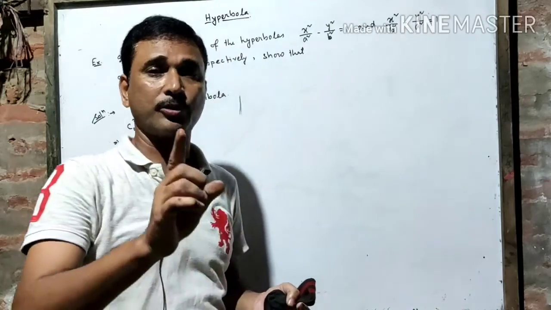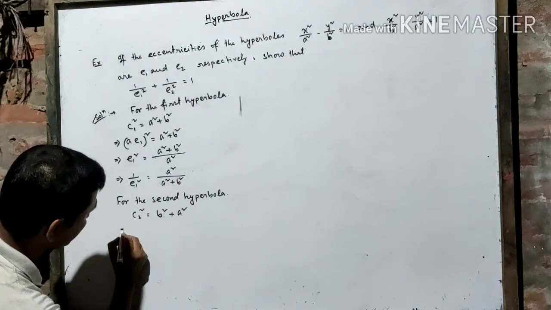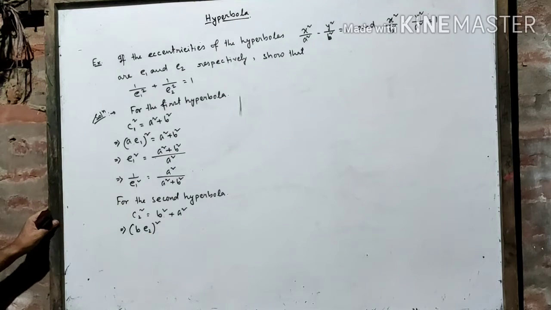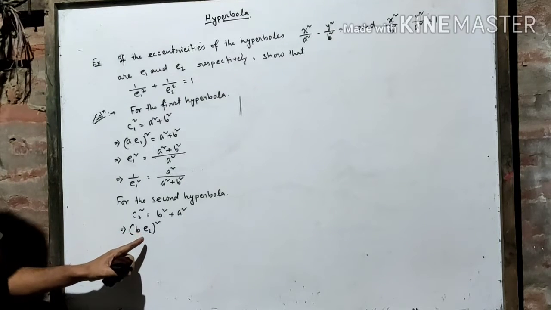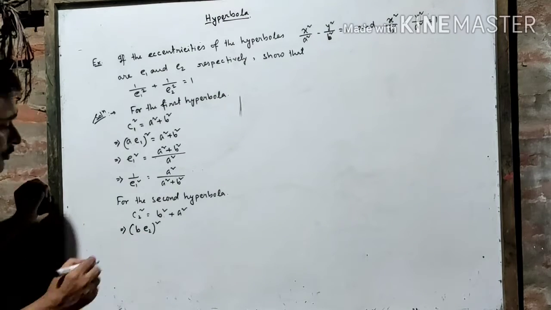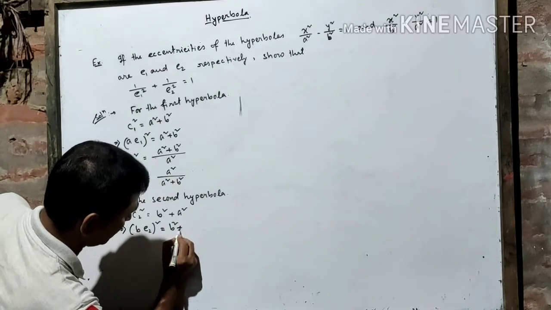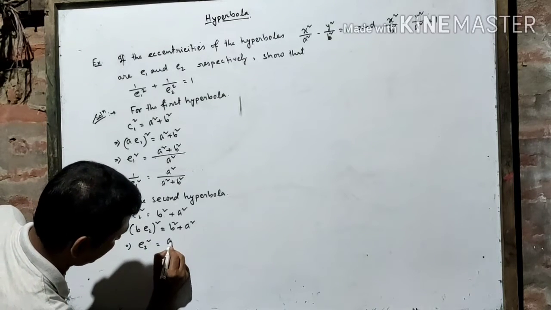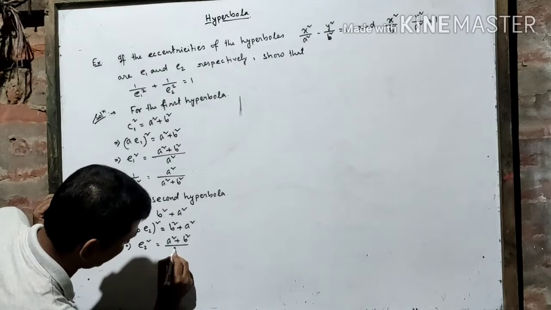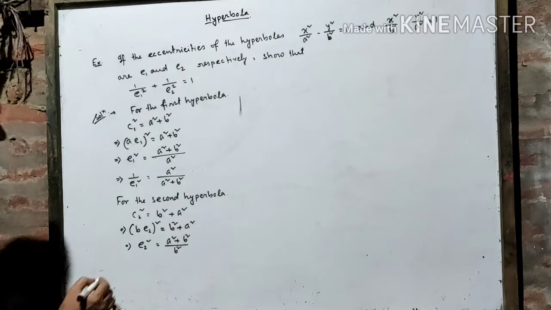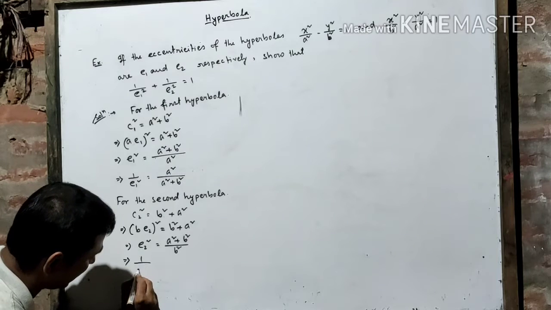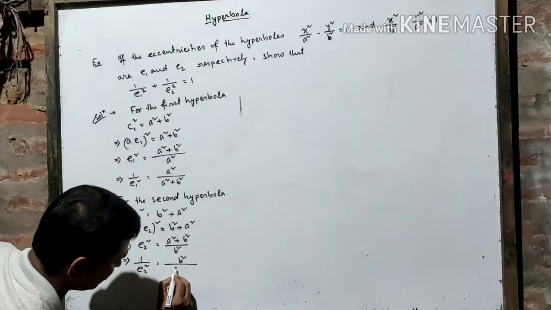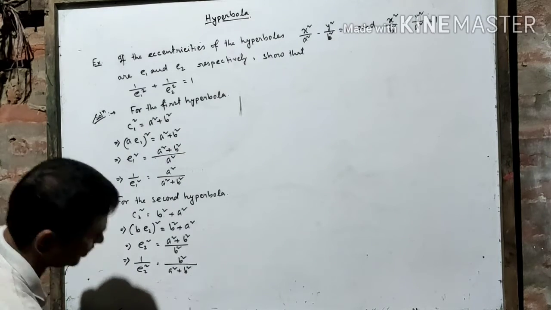So c will be equal to b e2, so c2 will be b e2 whole square. Get it? c will be equal to b and e is e2, so b e2 whole square is equal to b square plus a square. This implies e2 square is equal to a square plus b square by b square. This implies 1 by e2 square is equal to b square by a square plus b square.